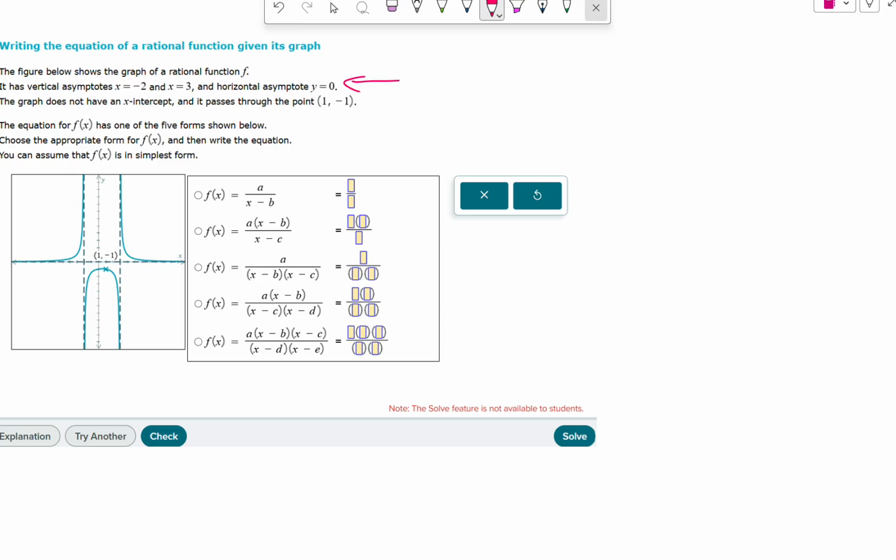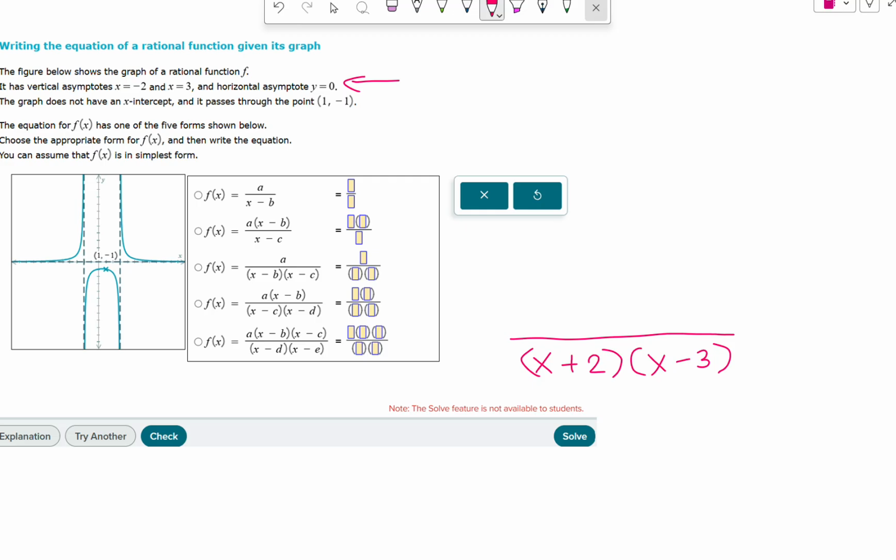So first of all, telling me those vertical asymptotes means, since vertical asymptotes are what make the denominator equal to 0, I have two of them, and since the 0 would be -2, my factored form would be x plus 2, and since the other 0 is 3, my factor would be x minus 3, right?